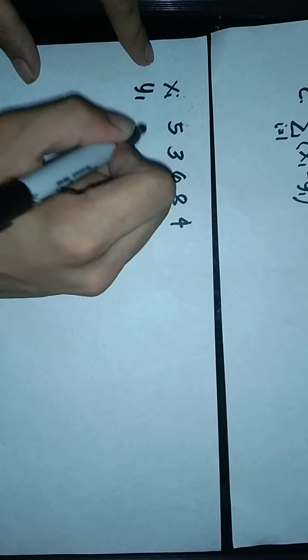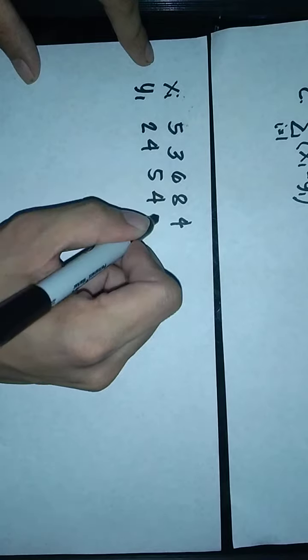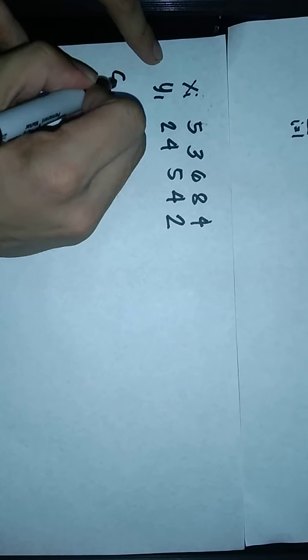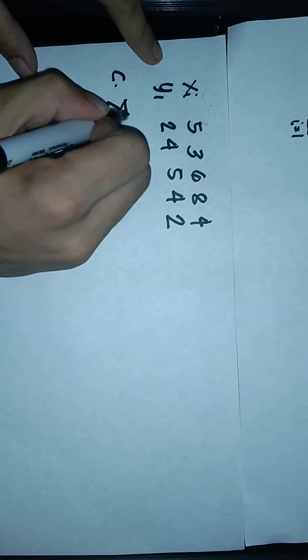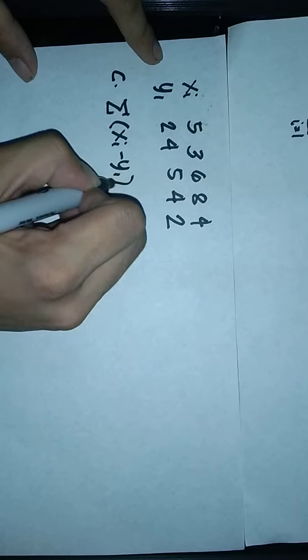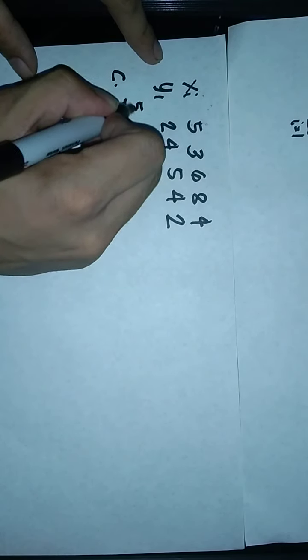Then y sub I natin is equal to 2, 4, 5, 4, and 2. So, our equation, or ating hinahanap, is the summation of x sub I minus y sub I, where I is equal to 1, and then we have 5.